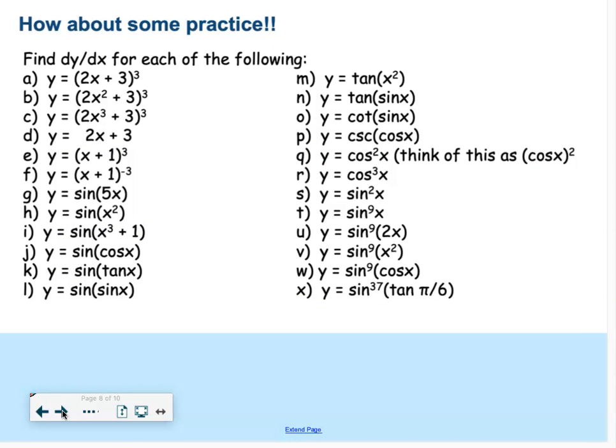Oh my goodness, you were wondering when you would have more practice? This is enough practice to keep you busy for an hour. So what I'd like you to do in your groups, you don't have to do all of these, but maybe divvy them up. Maybe each of you starts on a different letter and then does every 5th problem. There are 4 people in your group.